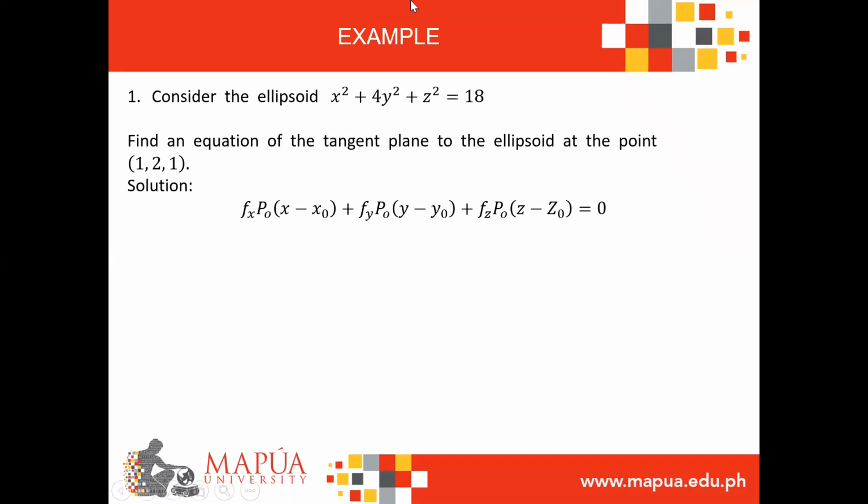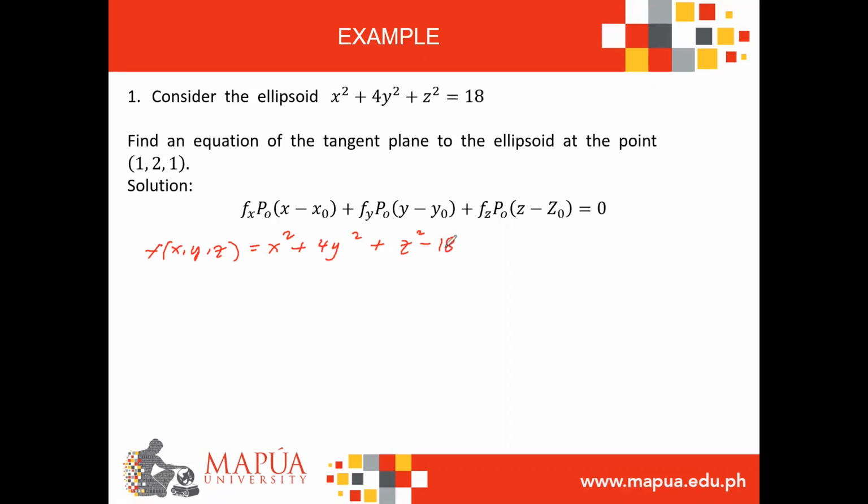In this problem, the given function is the surface, which has the equation of an ellipsoid. We have it as x squared plus 4y squared plus z squared minus 18. Or we can also get rid of this constant because when we get the partial derivative, this will be 0.